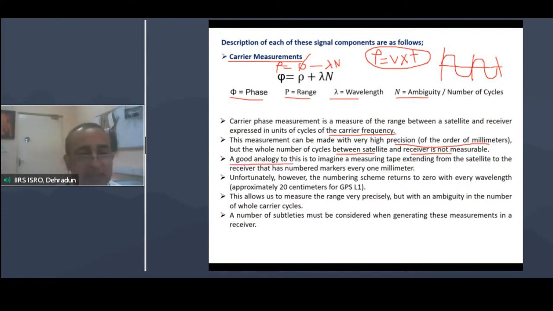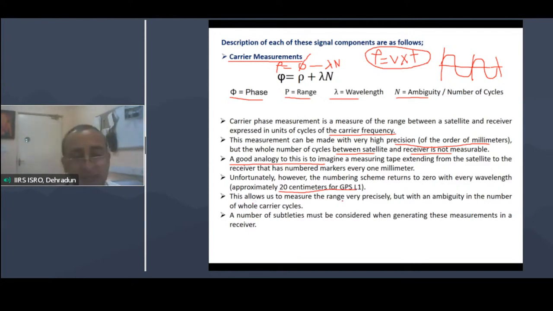A good analogy is to imagine a measuring tape extending from the satellite to the receiver that has numbered markers every 1 millimeter. That's the meaning of cycles. Unfortunately, however, the numbering scheme returns to 0 with every wavelength, approximately 20 centimeters for the GPS L1 frequency.